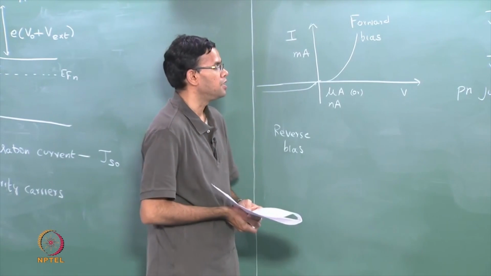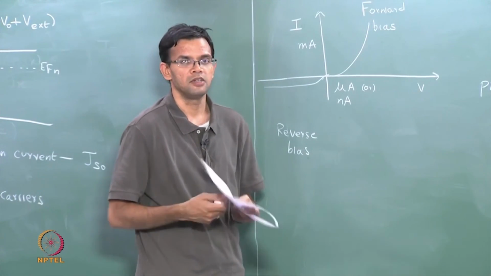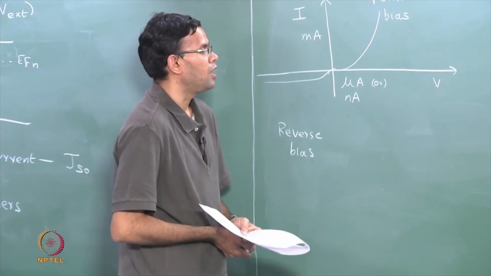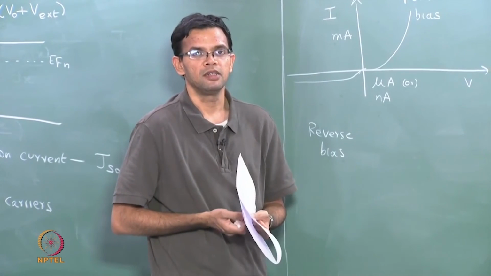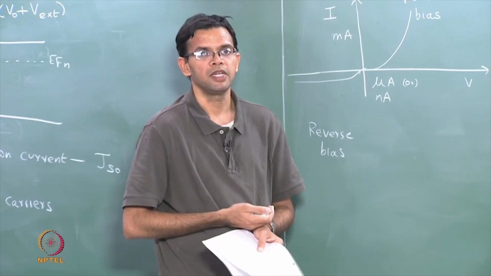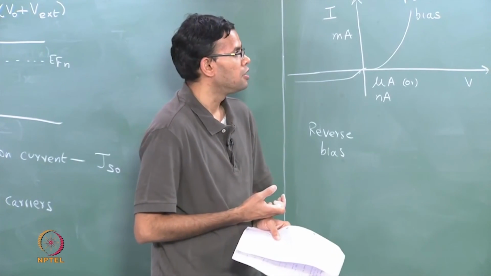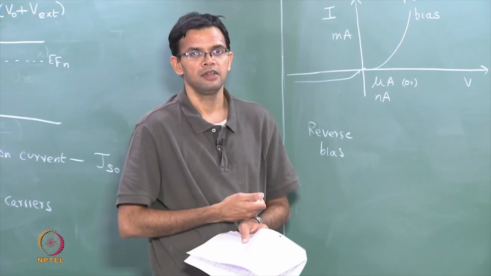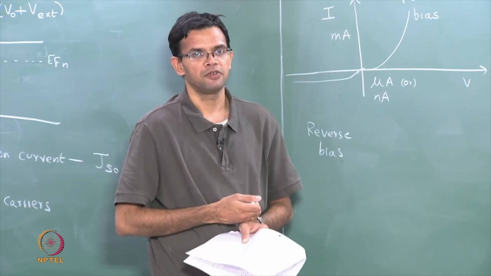So we found that a PN junction is essentially a rectifier, so it conducts in one way and not the other. So far we have only looked at junctions which are between the same material. So P and N are the same material. Next class we will first do an example to get some idea of some of the numbers that are involved, and later we look at what happens if we have a junction between different materials.